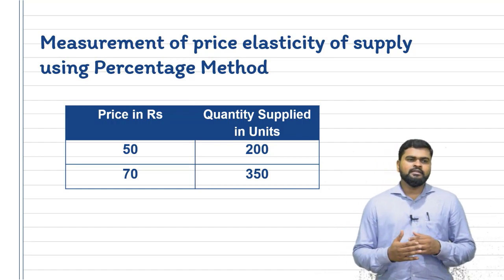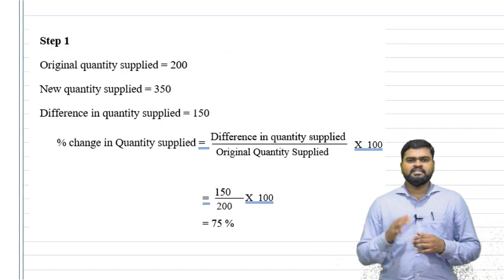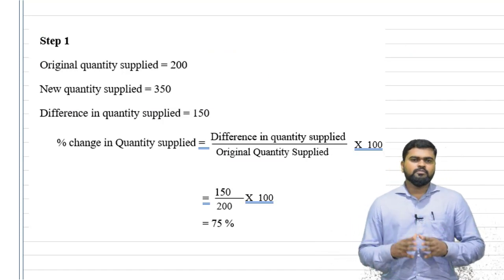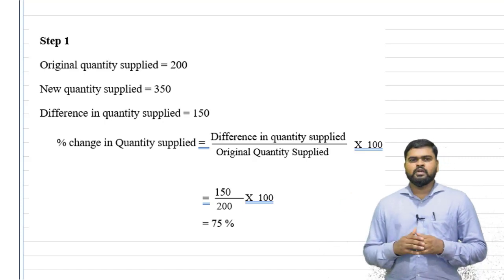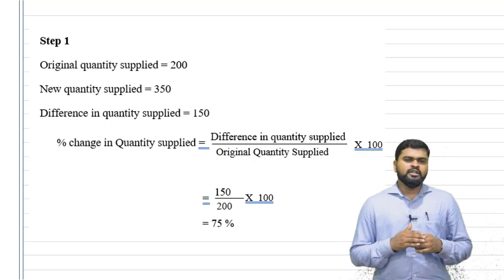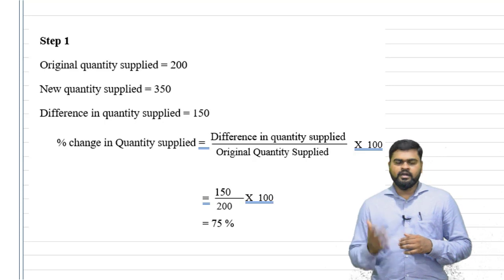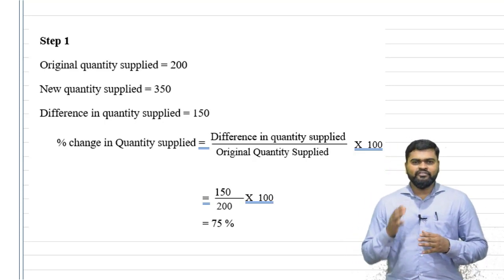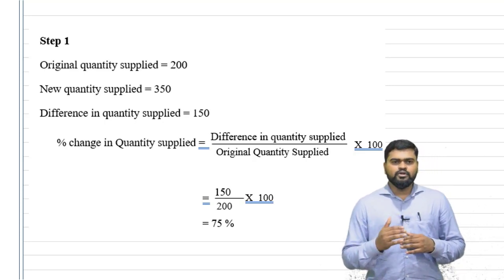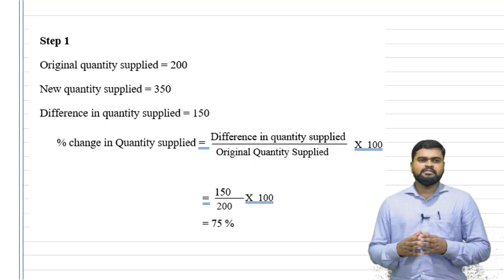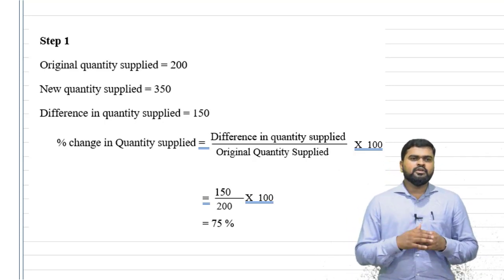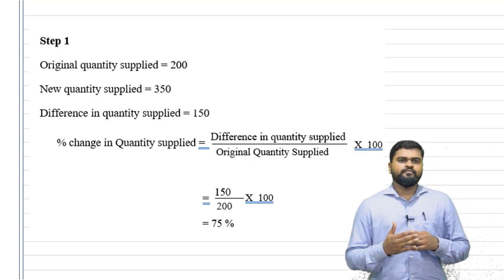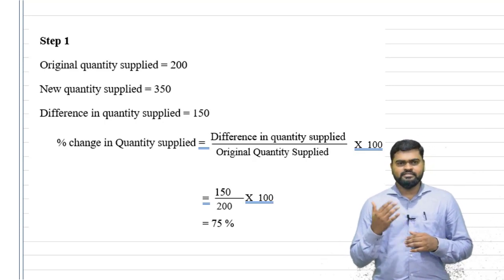Step 1 is calculating the percentage change in quantity supply. The formula to calculate percentage change in quantity supply is difference in quantity supply upon original quantity supply multiplied by 100. So here we require difference in quantity supply and original quantity supply. To get this, we first look at the schedule. Here original quantity supply is 200, then new quantity supply is 350.